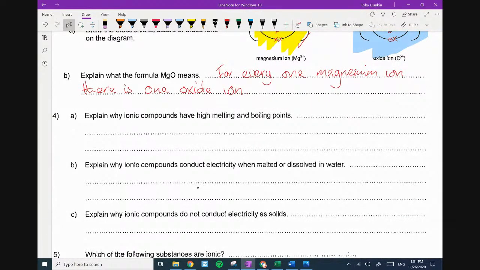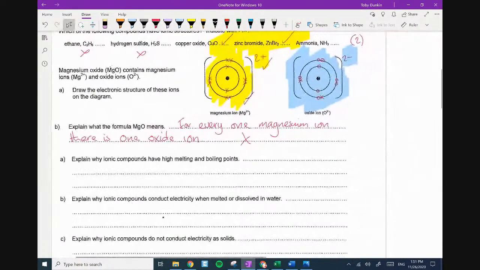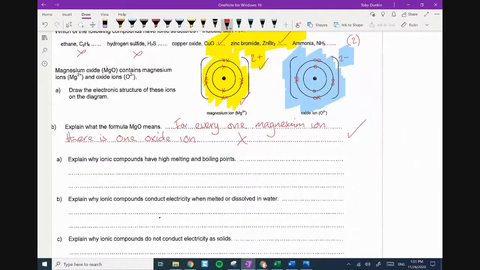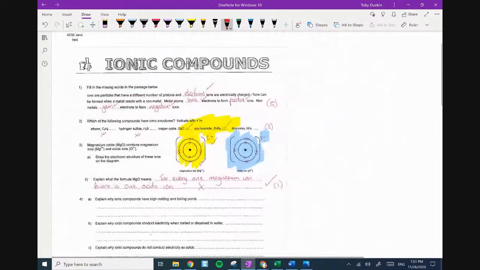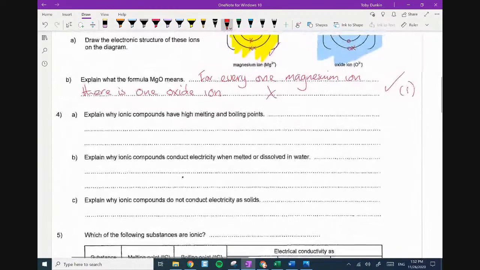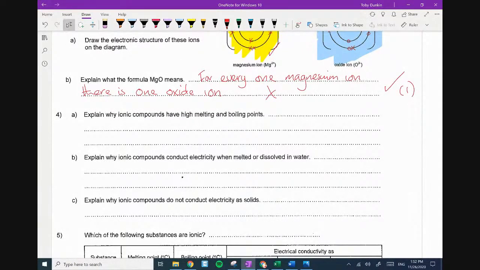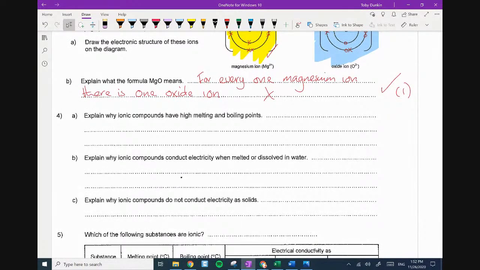Next, by the way, if you say the word atom, you immediately lose it. So that's only 1 mark. It's only 1 mark. Yeah, only 1 mark. And if you make any mistakes, how many marks? Yeah, sorry, just 1. There are loads of different ways of saying that. You can say there is 1 oxide ion for every 1 magnesium ion. You can say that the ions are in a 1 to 1. They'd allow that. The magnesium and oxide ions are in a 1 to 1 ratio.